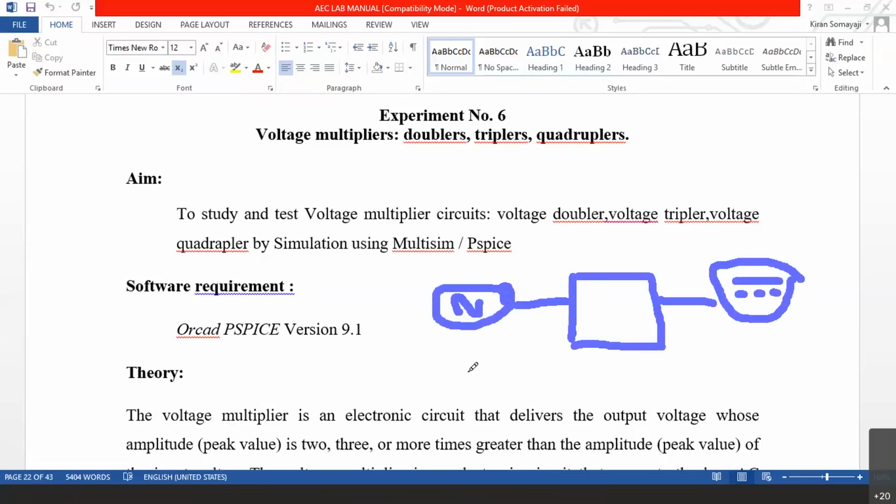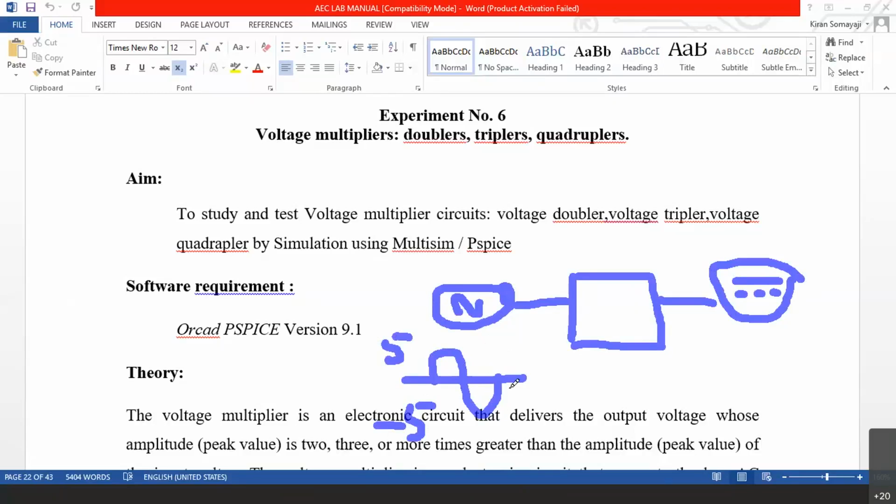In the sense, let us say you will have a 10 volts peak to peak signal. Let us say this is +5 and this is -5. Total, it is a 10 volts peak to peak signal. Now, this AC signal is converted into DC inside, and it is either doubled or tripled or quadrupled. Here the peak voltage is 5.